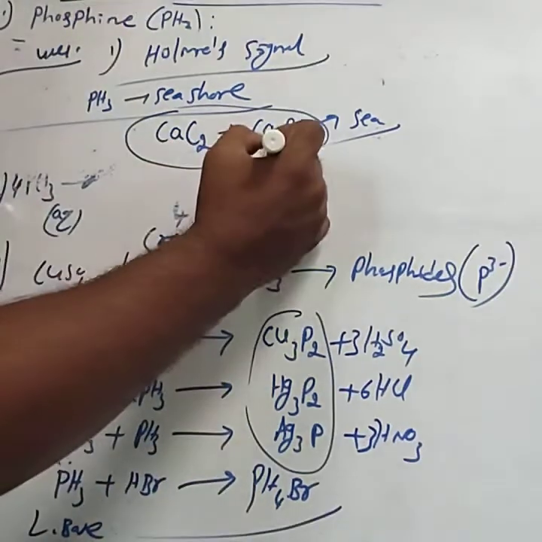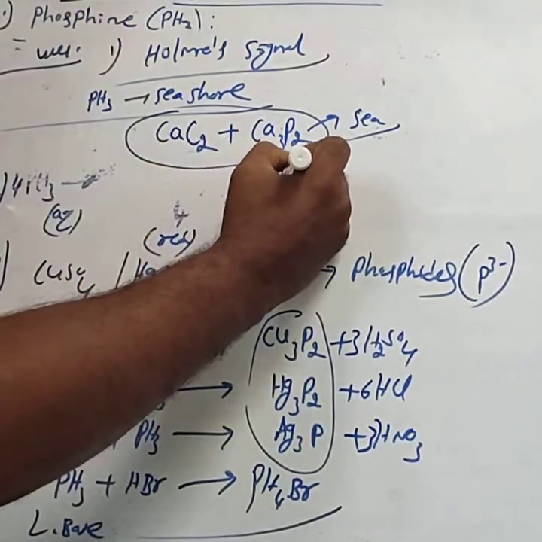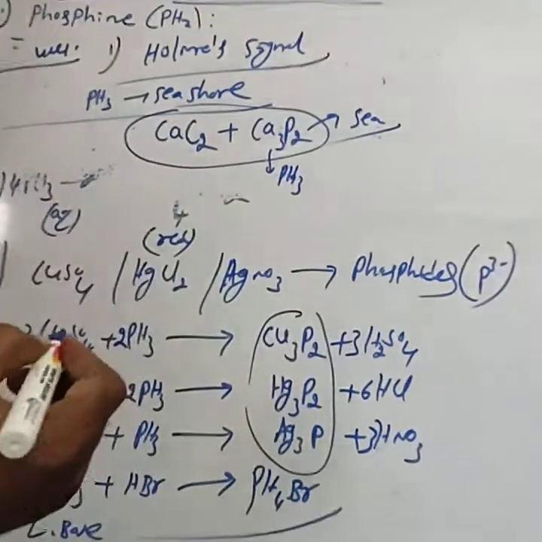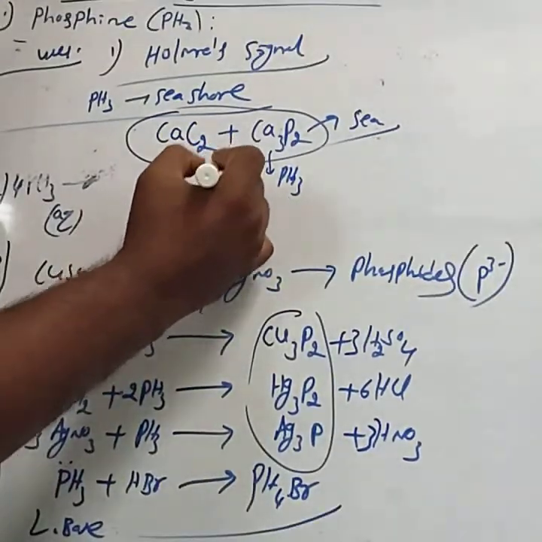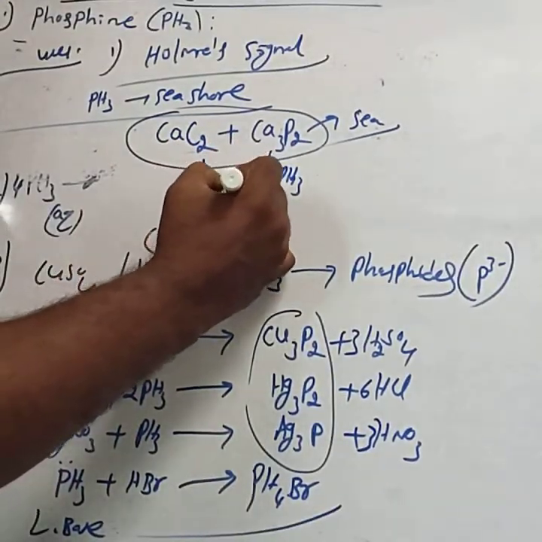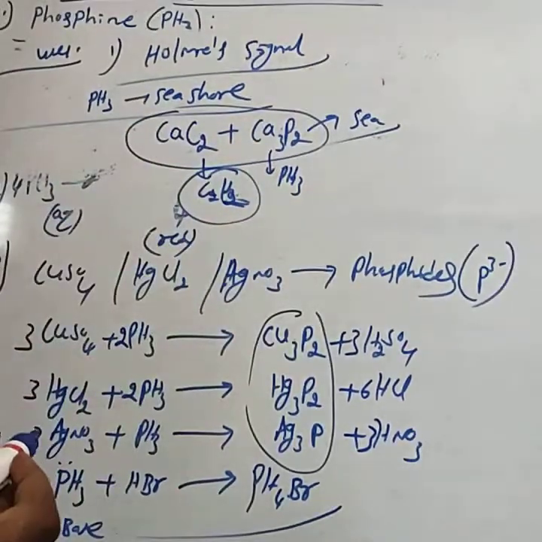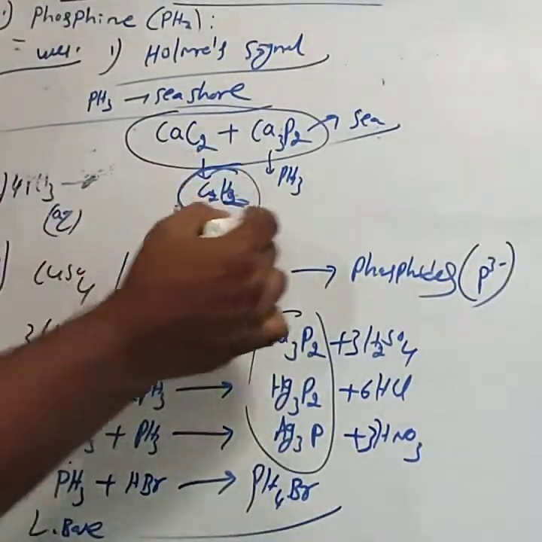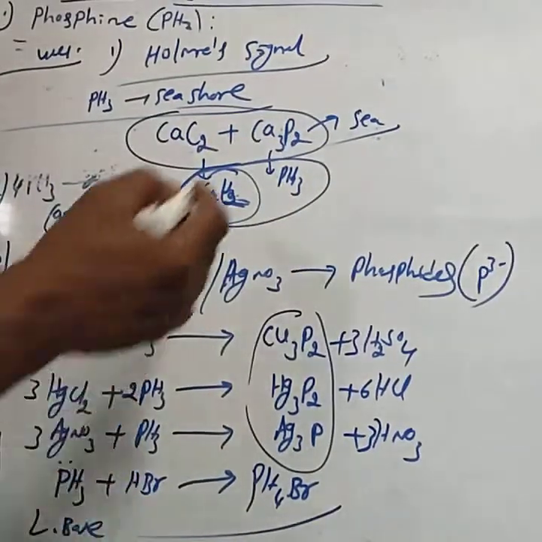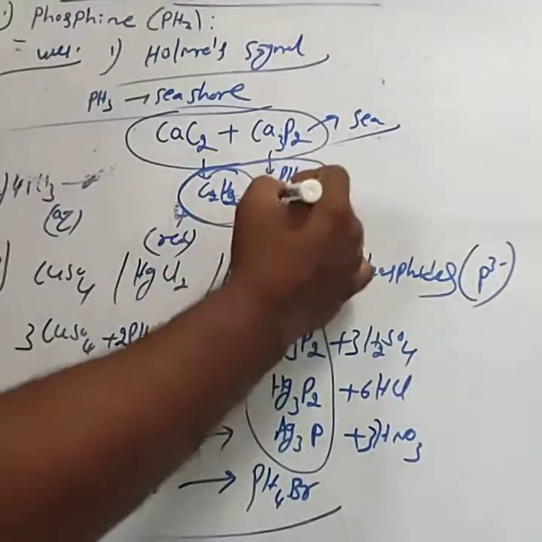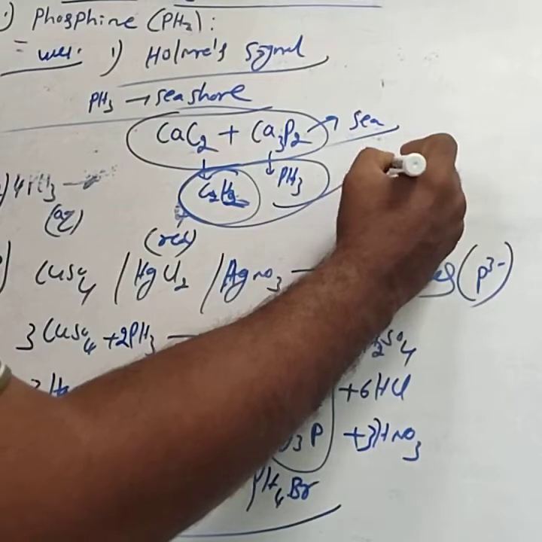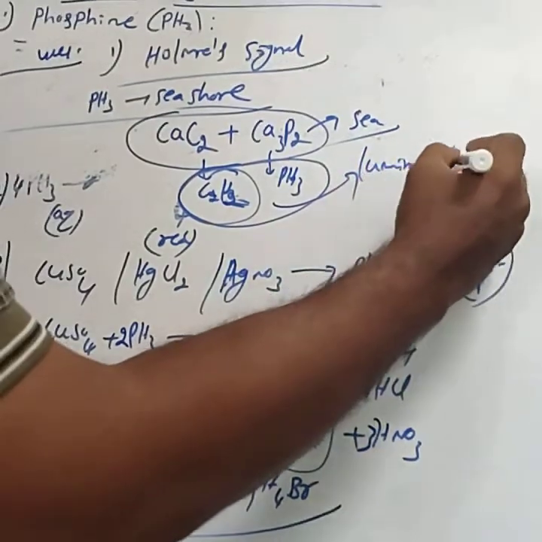From the calcium phosphide, phosphine is formed, and from the calcium carbide, acetylene gas is formed.